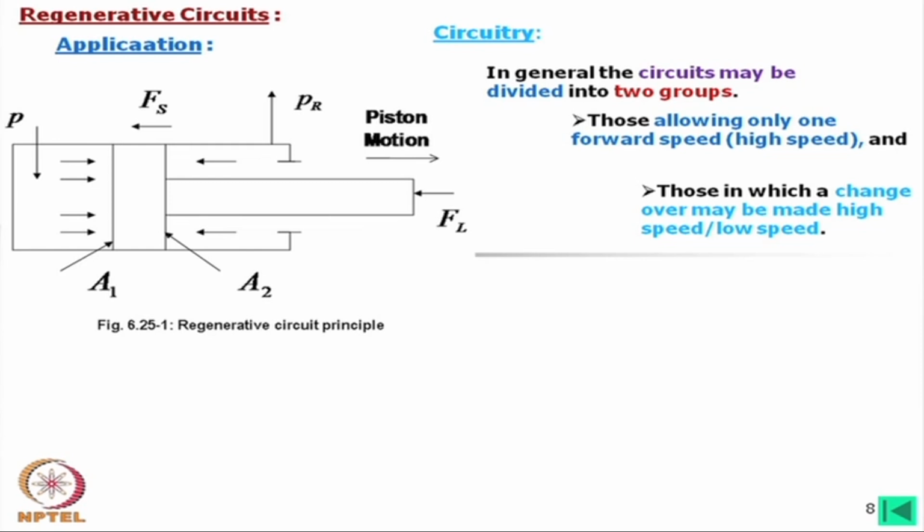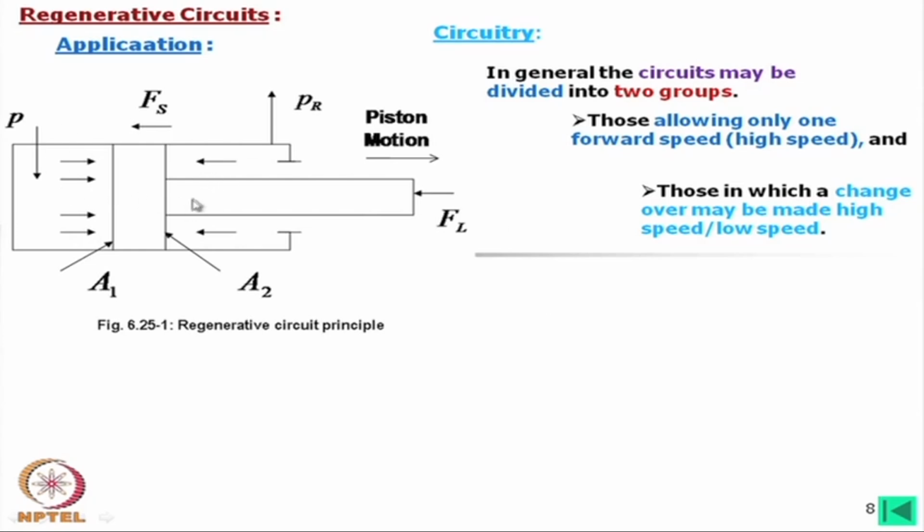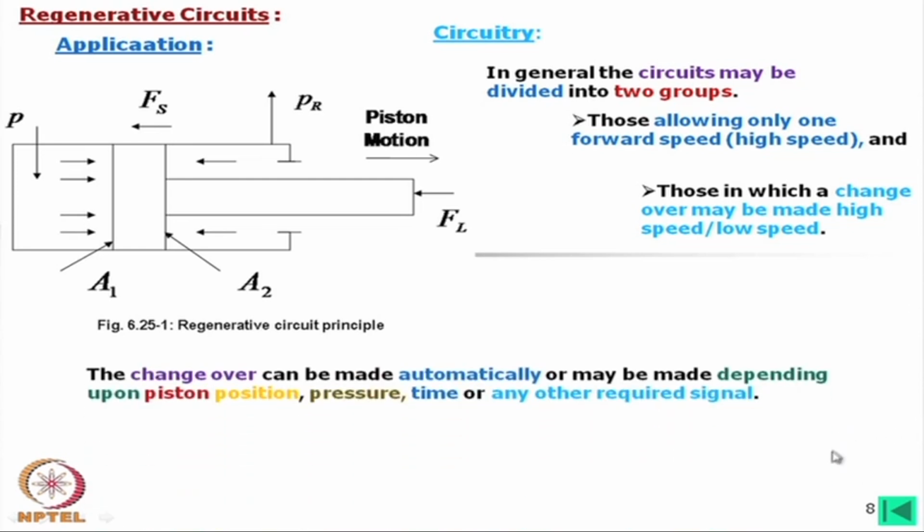But with different types of valves and circuits, we can make this one cylinder move at a normal speed, then regenerative speed, etc. We will discuss those circuits.